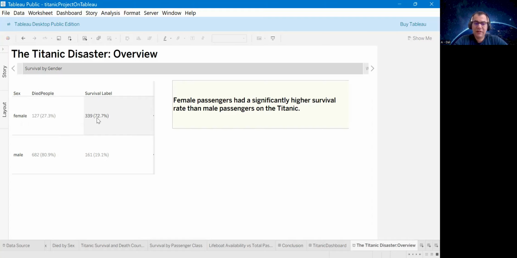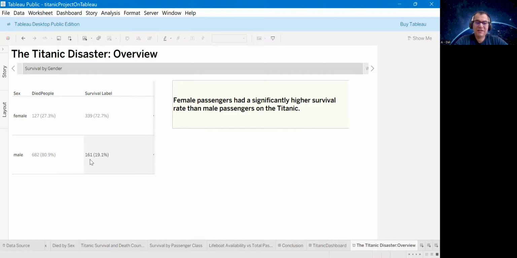When we look at the number of surviving ladies, 339, about 72 to 73 percent of the total women, survived.